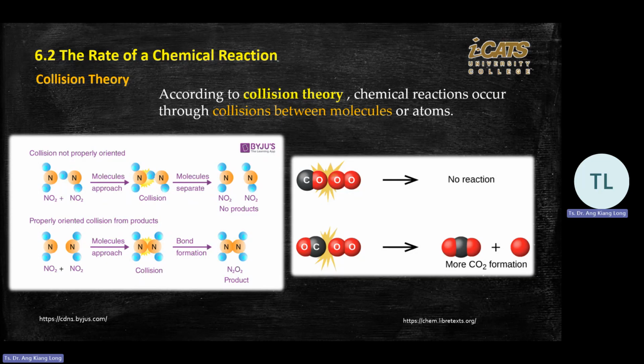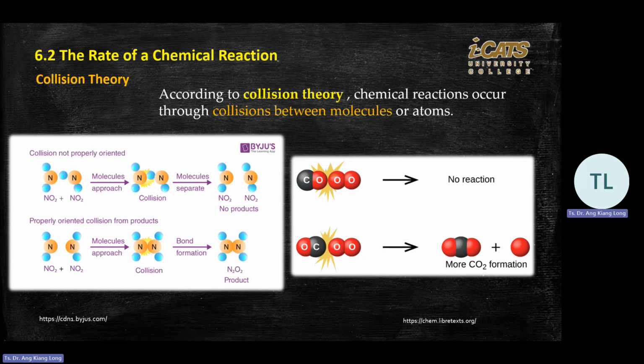However, if the collision is not properly oriented, meaning the molecules are not properly oriented, they hit each other, and because of the angle, like Lego bricks, they are not able to match each other, then reaction won't happen.